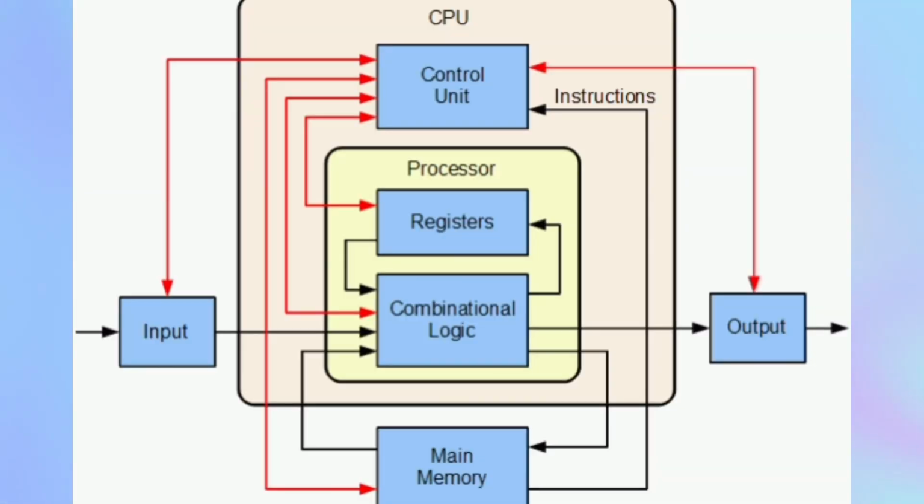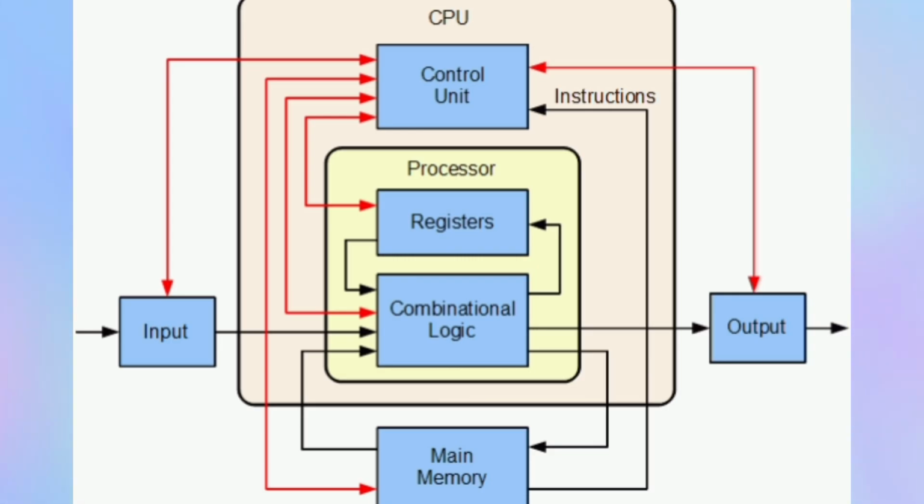This is an architecture diagram: control unit, register, combinational logic, memory, input unit, output unit. The input unit is directly connected to the combinational logic.